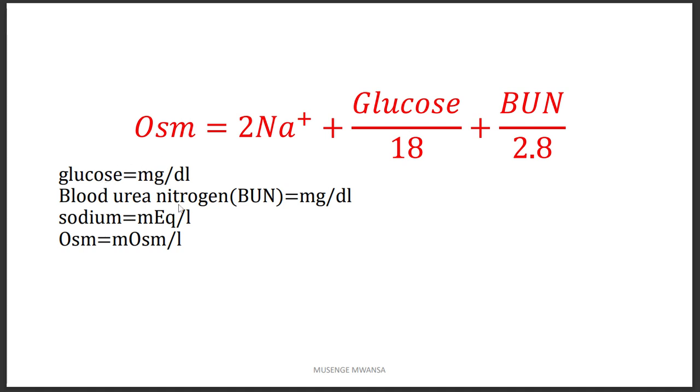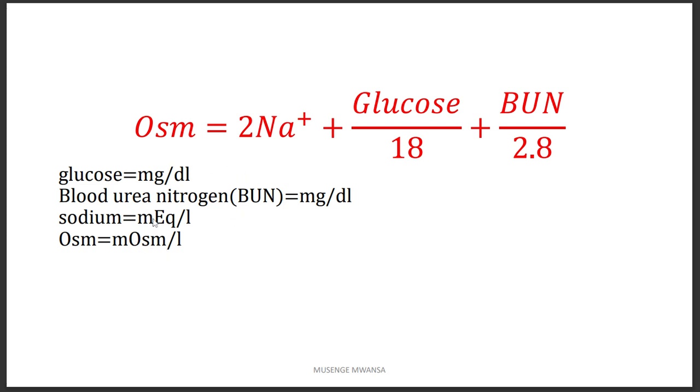Now let's take note of the units. They are all in per deciliter or per liter, meaning that we already have volume. Milligram per deciliter, milligram per deciliter, milliequivalent per liter, milliosmoles per liter. That will be now the osmolarity, milliosmoles per liter.